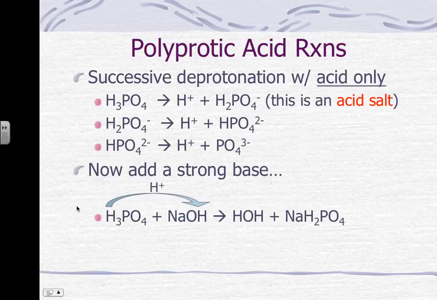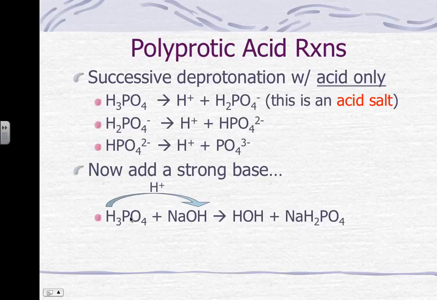With the use of the arrow, maybe you can see how that hydrogen is stripped away from the phosphoric acid, added to the hydroxide to create water, and then my remaining acid salt, the H2PO4 negative that we did up here, is going to pair with the sodium to produce this chemical. Okay? All right, so now we again consider what I said before.